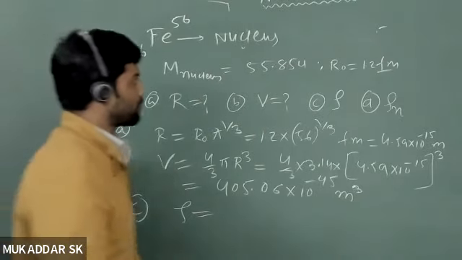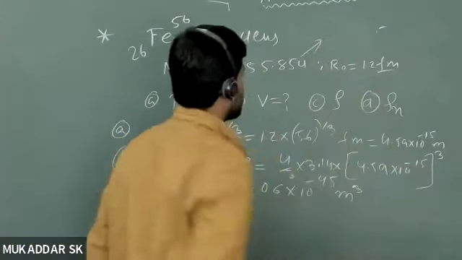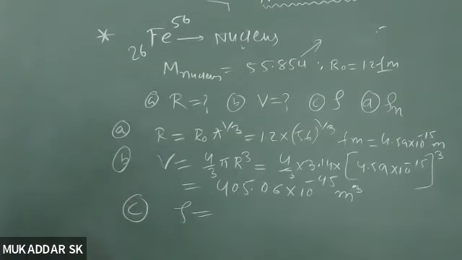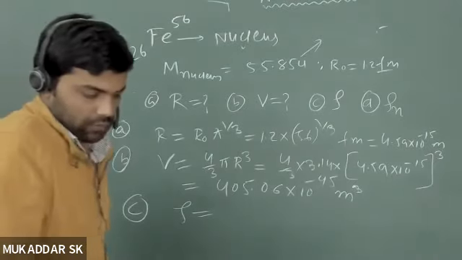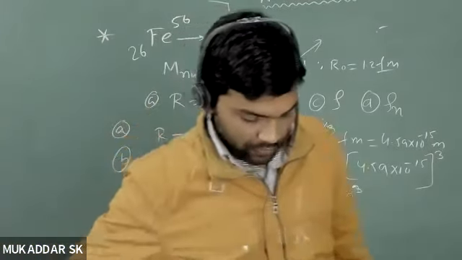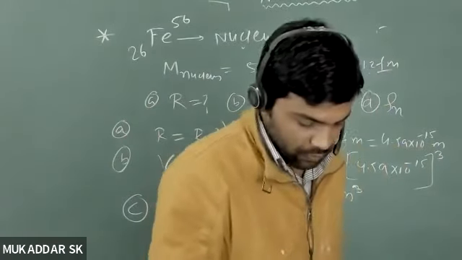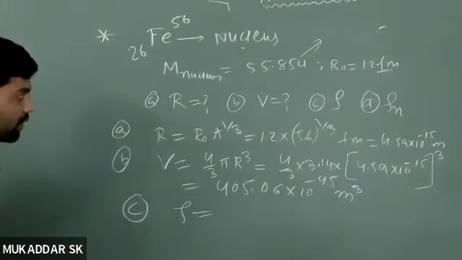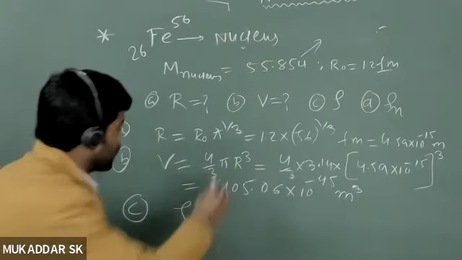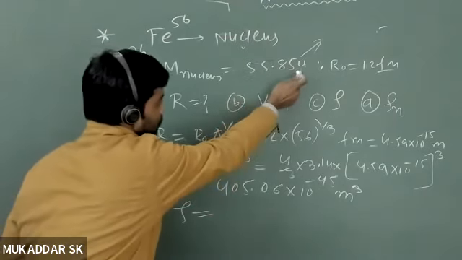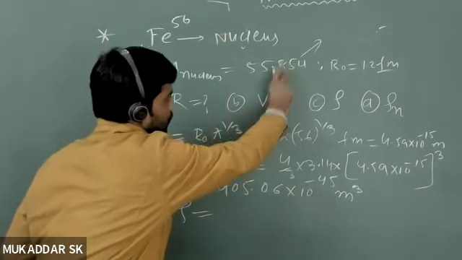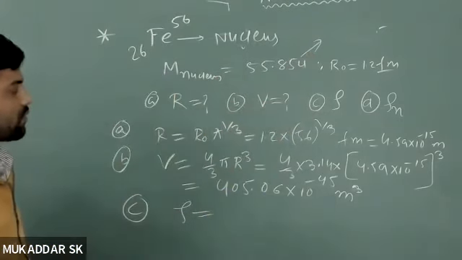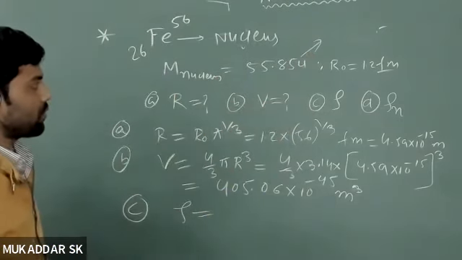So I can convert this mass into kg, if I multiply this mass by 1.66 into 10 to the power minus 27. Is it 27 or 26? 27. So if I multiply, I'll get that mass in kg. They have given you this mass in atomic mass unit. To convert this into kg, you just have to multiply by 1.66 into 10 to the power minus 27 kg.